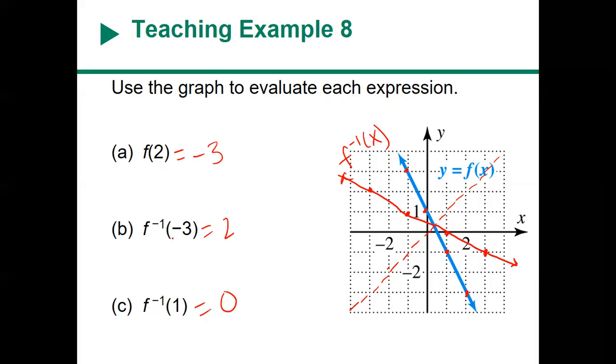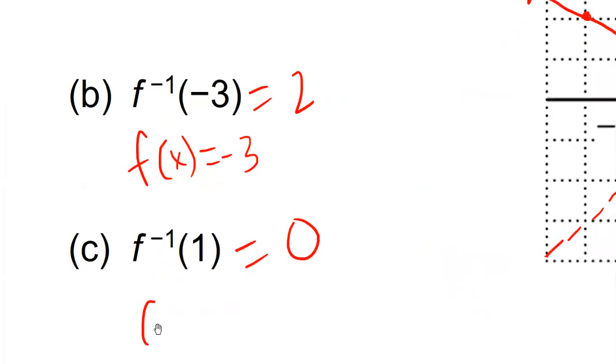So if I'm looking for the inverse of -3, that means that I'm looking for when x equals -3. If I'm looking for the inverse at 1, I'm looking for when, in case you couldn't see, it's just super zoomed in for us.